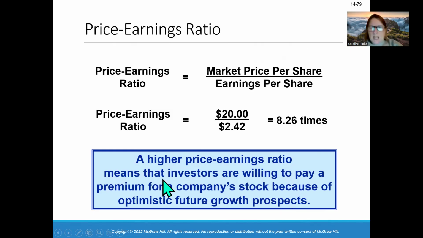Oftentimes people like to be a part of something that they recognize or that's particularly popular or that brings them joy. So brand names like Google or Nike or Disney, these stocks tend to be almost ridiculously overvalued because people want to own a piece of this company that they really enjoy.